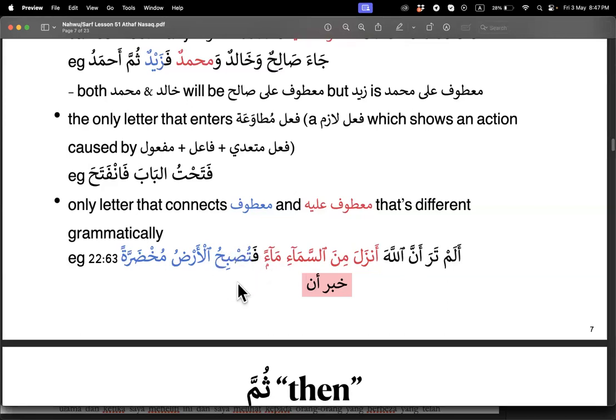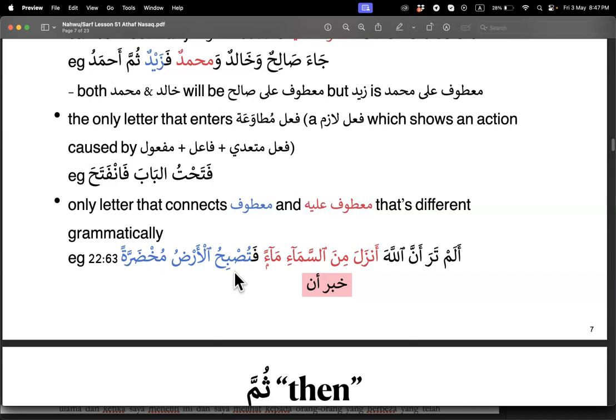What kind of fi'il do we have here? Fatusbihu is fi'il mudhari'. Yes, this is also asbaha yusbihu, so fi'il mudhari' nakis.